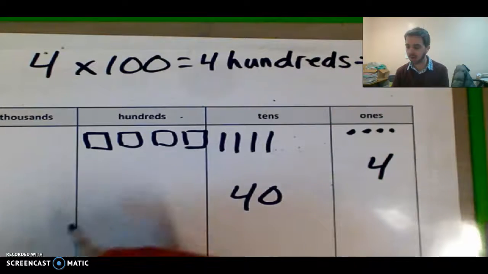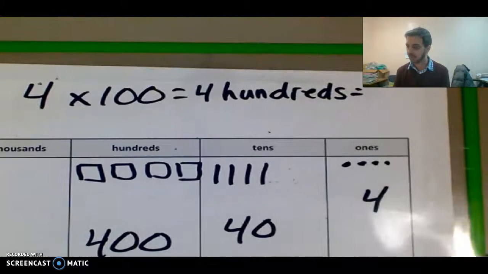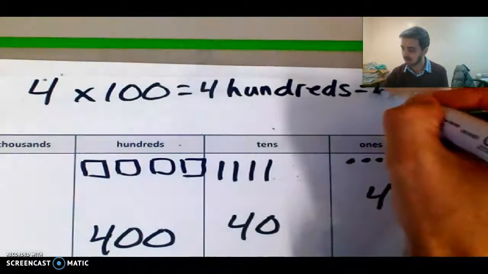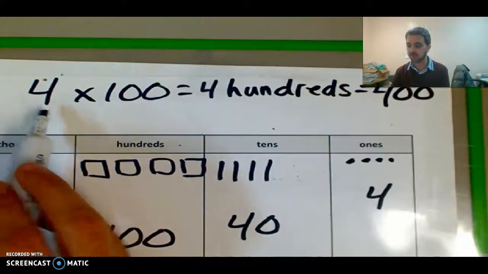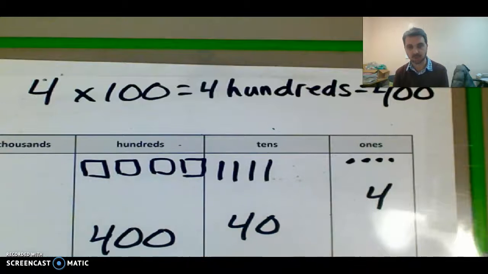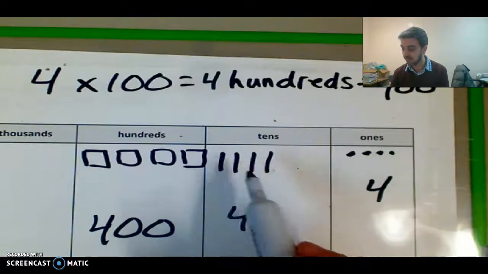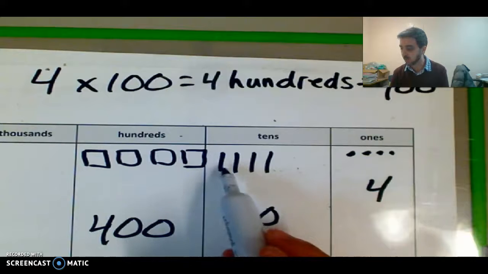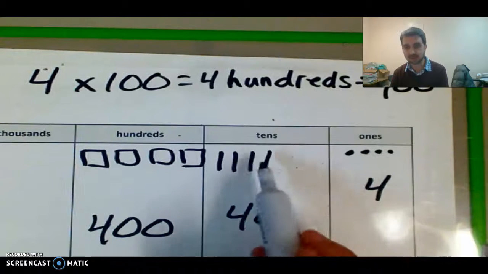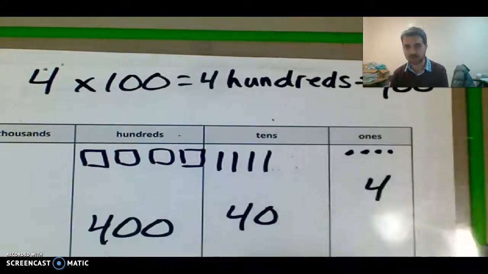I have 4 hundreds, or 400. So you can see 4 times 100 equals 1, 2, 3, 4 hundreds, 400. 4 times 10 equals, right, you've got 4 tens, so 1, 2, 3, 4 tens. 4 times 10 is 40. 4 times 1 is 4.